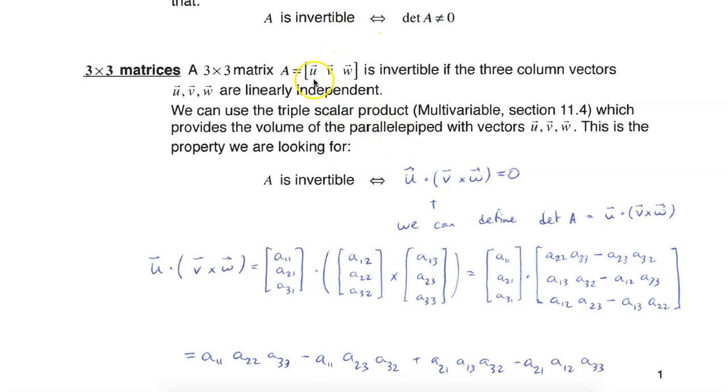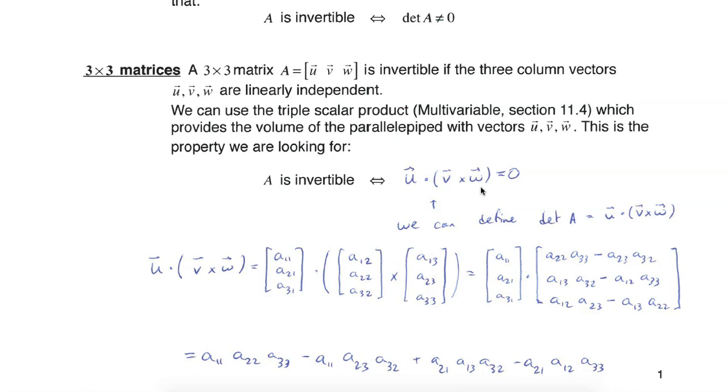If a matrix is given by its column vectors, U, V, W, we saw that the triple scalar product gives the volume that is generated by these 3 vectors. So the triple scalar product is given here, and we can just decide, okay, the determinant of A is going to be U dot V cross W.